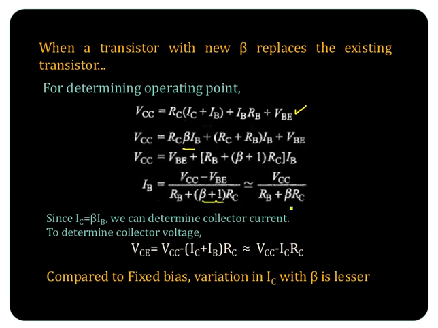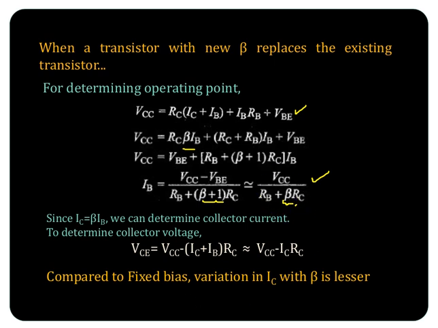This beta plus 1 is approximately equal to beta, and you can neglect VBE also. So you get an expression for IB as VCC divided by RB plus beta RC. Okay, so this is the expression with beta term here. We are going to see what happens.